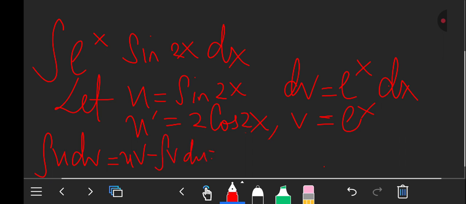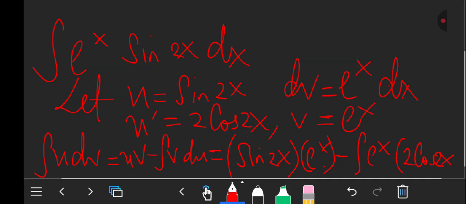Our u is sine 2x, then our v is e to the power x, minus the integral of v, which is e to the power x, multiplied by du, meaning the derivative of u, and that is what we found to be 2 cos 2x.